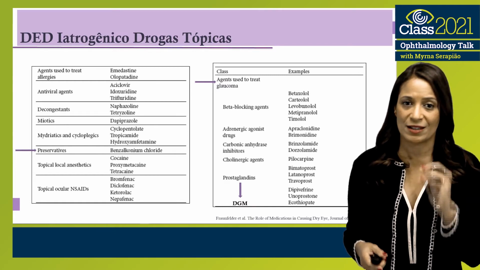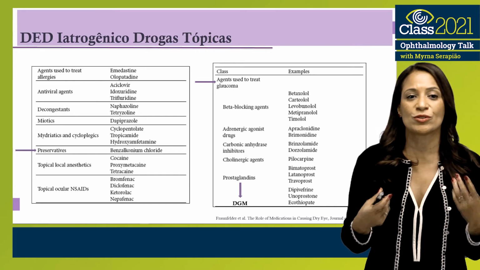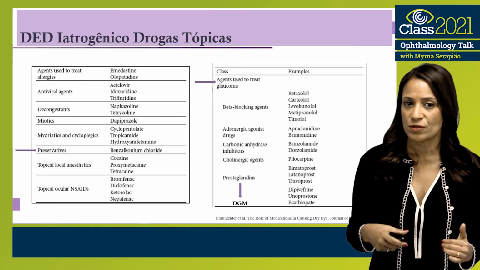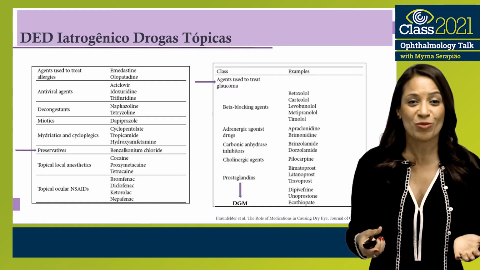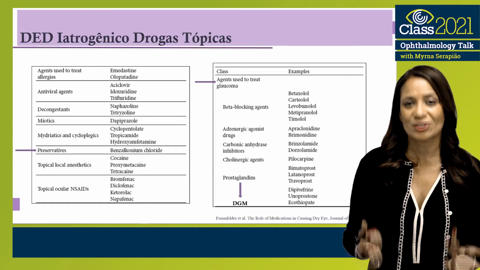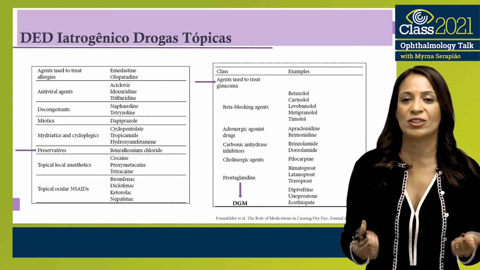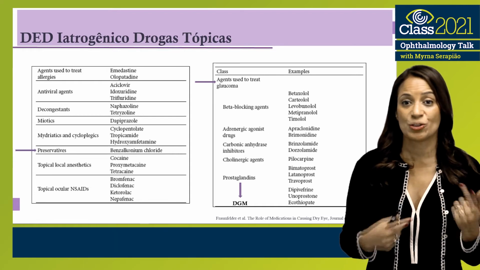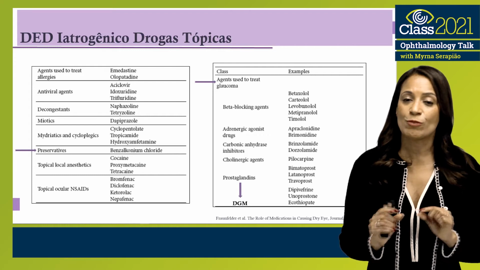Also highlighted, due to the high prevalence of the disease, is long-term use and the possibility of association of these topical drugs, i.e. the use of anti-glaucoma drugs that are often used throughout life in an associated way, and we need to associate drugs for us to get the target IOP. Remember that many of them use benzalkonium chloride as the preservative.